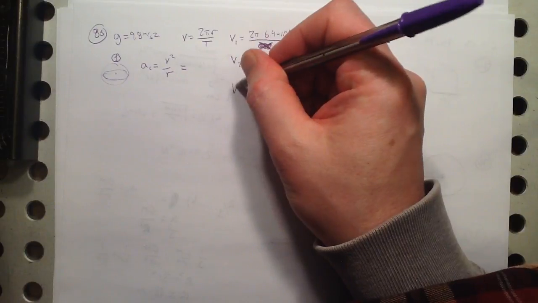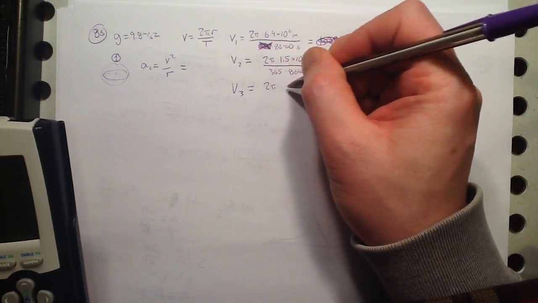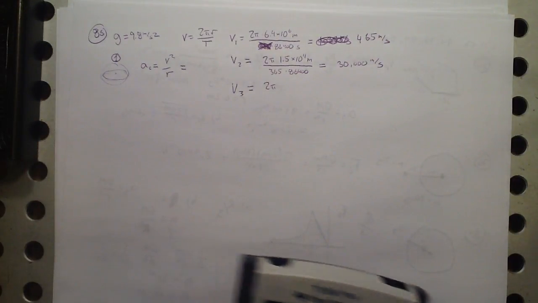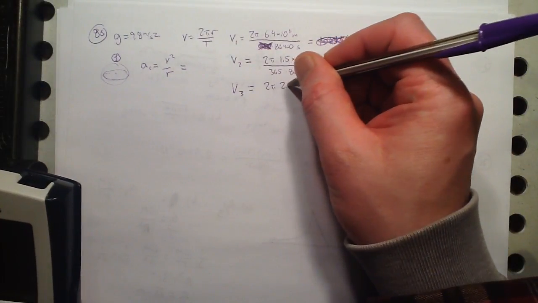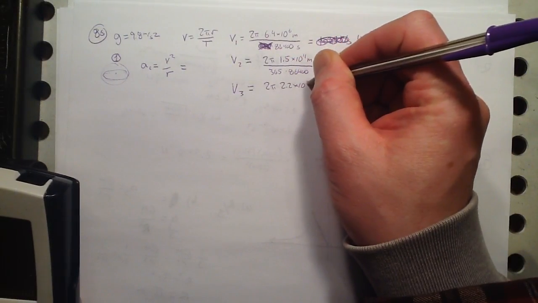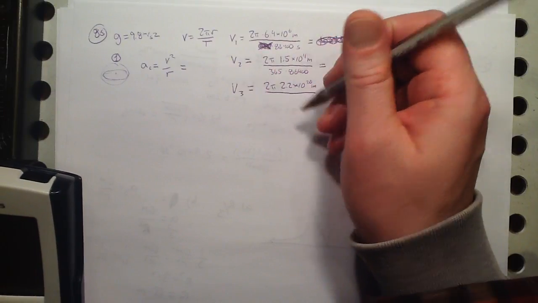And then the big circle we're moving in is 2 pi times our distance from the center of the galaxy, which is 2.2 times 10 to the 20th, divided by how long that takes.